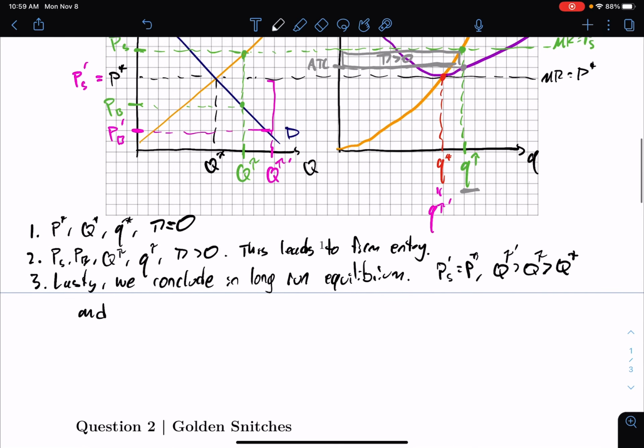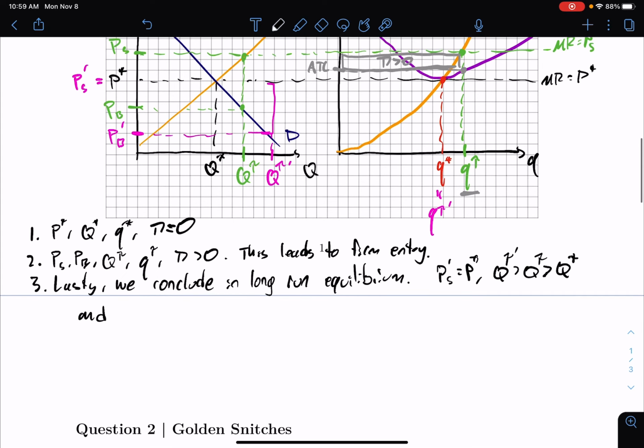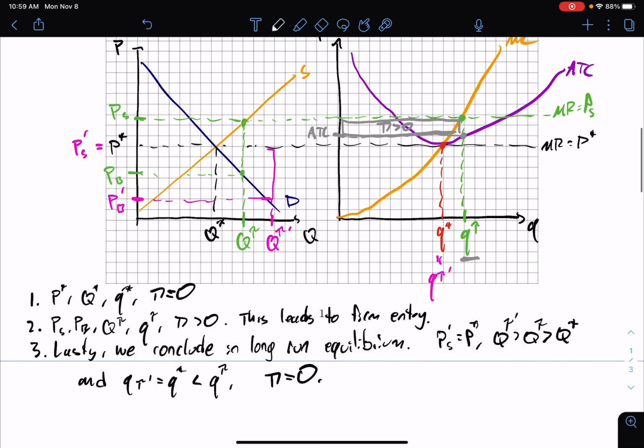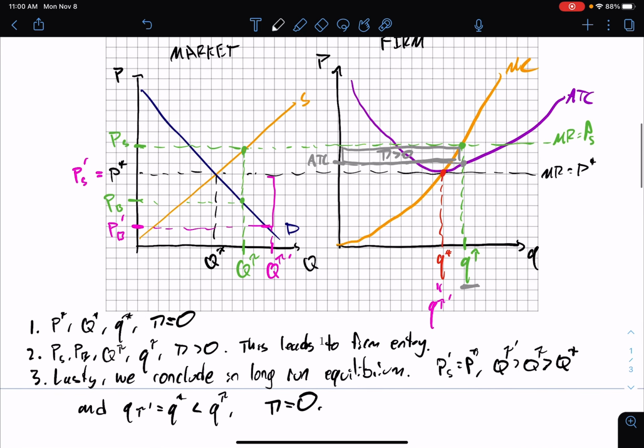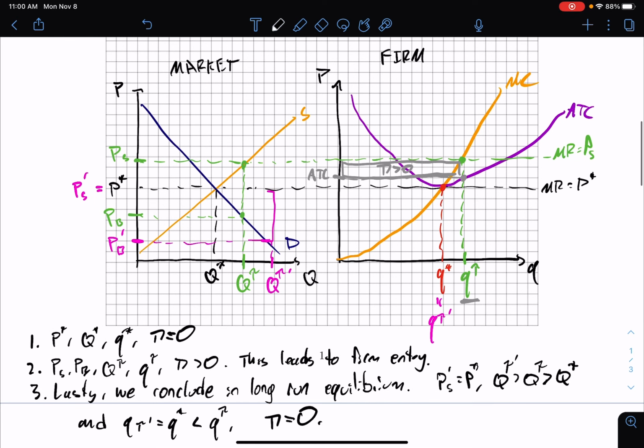And let's see. We have little q tau prime equal to little q star, which is less than little q tau. And profits, again, are 0. Okay, it's a little messy, that description, but that will work.